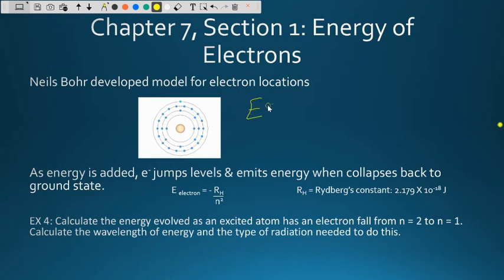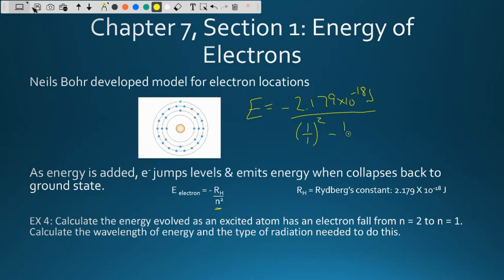We can calculate the energy of that electron by taking the negative, because it's giving the energy off, of the Rydberg's constant, 2.179 times 10 to the negative 18th joules. And we're going to divide it by the n squared. So what is n squared? Well, n squared is the energy levels. It started at energy level 1, and we're going to take a look at how much it's actually moved.